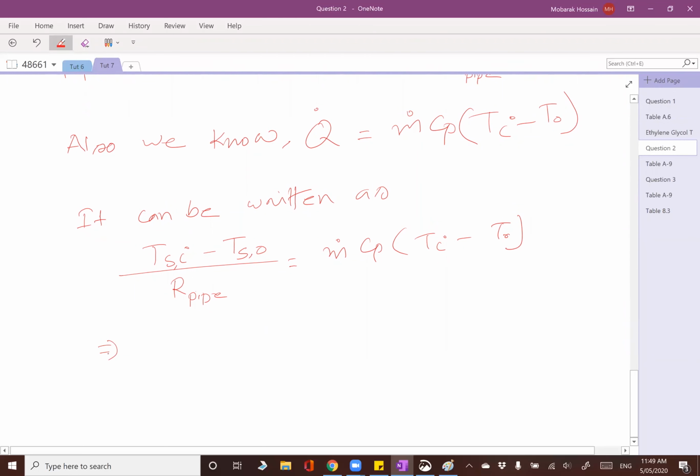So here we'll calculate the pipe outer surface temperature.